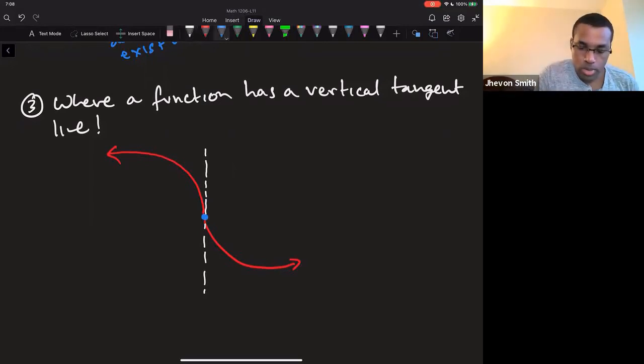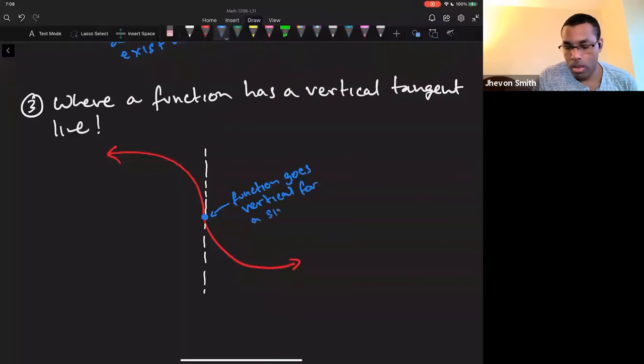So the function goes vertical for a single point. And the derivative doesn't exist there.